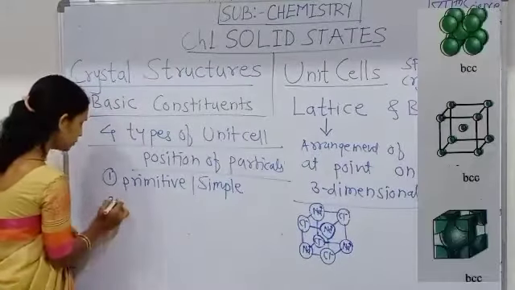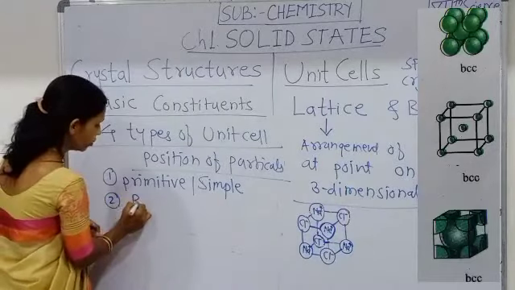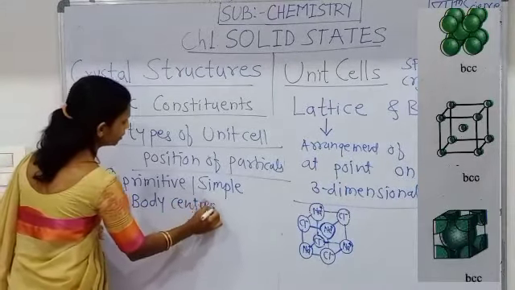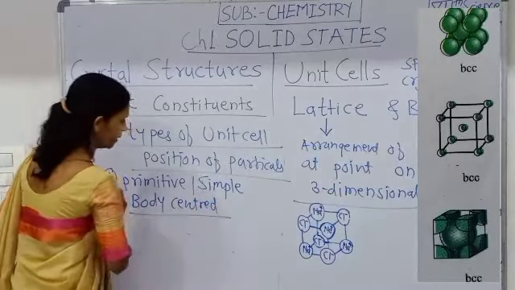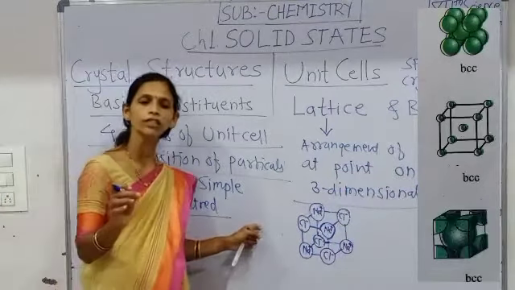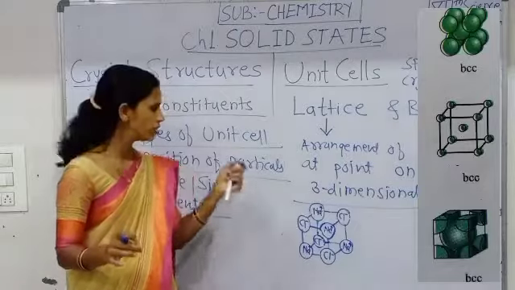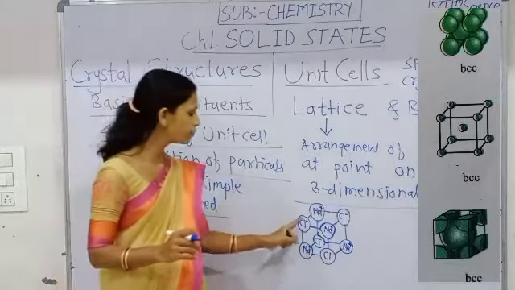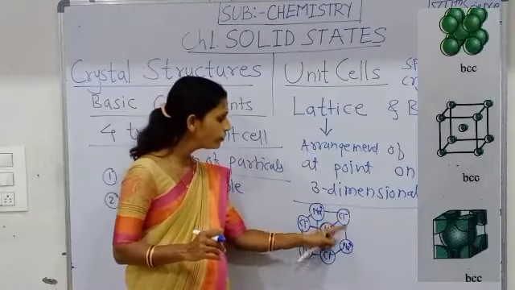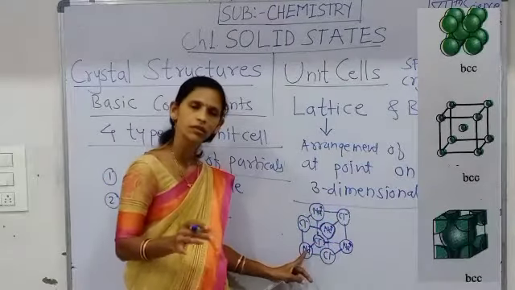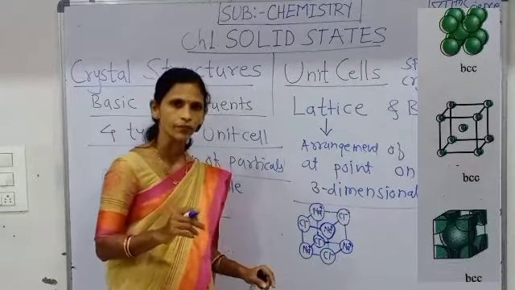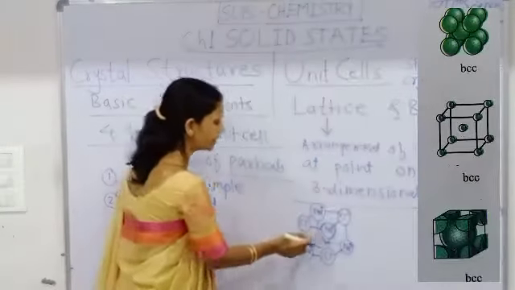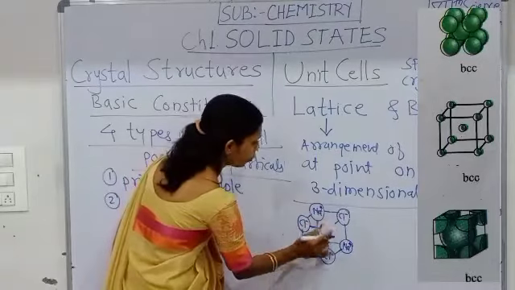Then the second one is body centered. Body centered unit cell, in which, see here, the basic constituents are present at every corner of that unit cell, as well as one more particle is present at the body center.